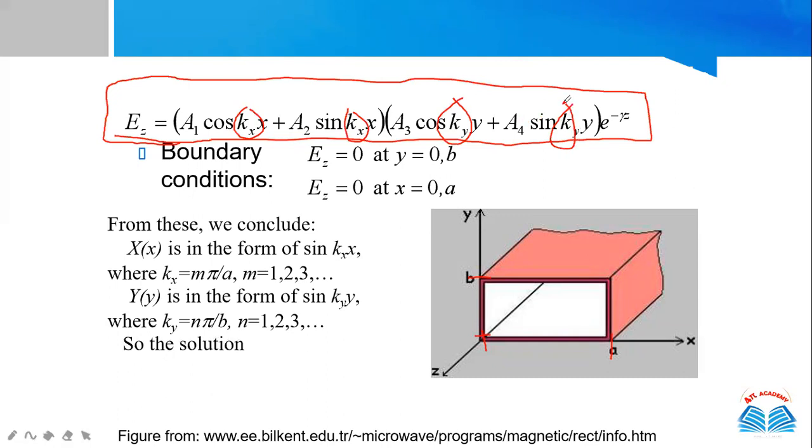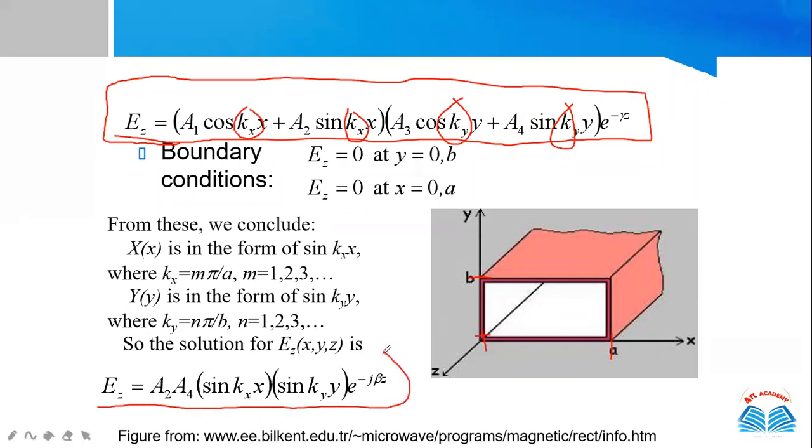Next one is the solution for E(x,y,z). What will it be? It will be Ez equals A4 sin kx x sin ky y e raised to the power minus j beta z. In this last term, gamma is transformed into minus j beta, and alpha is nothing.